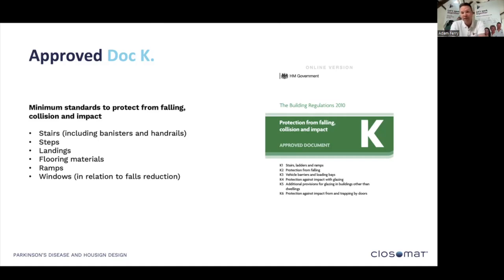So we're often very familiar with Document M and less familiar with Document K. There are lots of things within there that we can use as part of our design and say, and reference Document K as where we've got that information from. So to encourage the evidence base to be particularly robust.